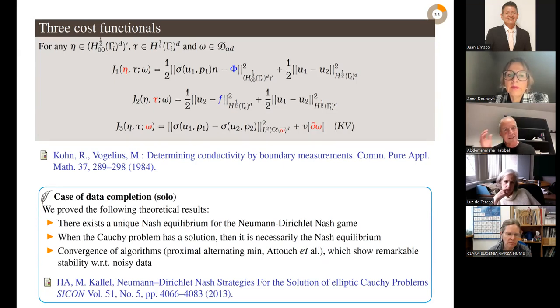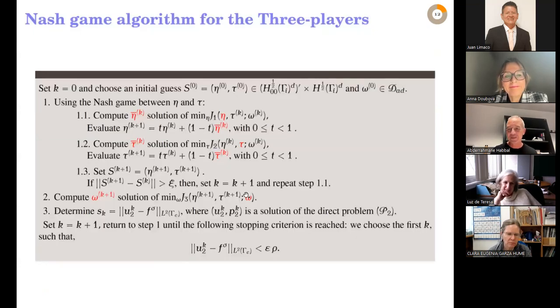Okay, so let us now go to this three-player problem. I have no more theoretical results to prove now, but only algorithms. So this is the algorithm to solve the Cauchy-Stokes problem with identification of inclusions.